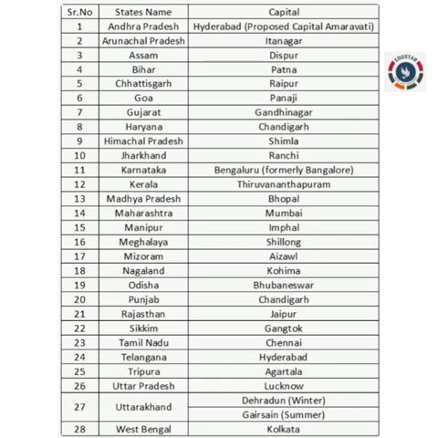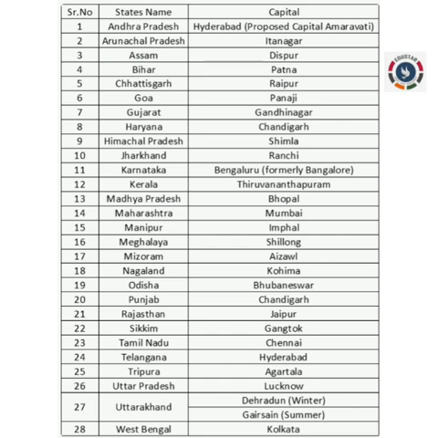Andhra Pradesh, Amaravati. Arunachal Pradesh, Itanagar. Assam, Dispur. Bihar, Patna. Chhattisgarh, Raipur.